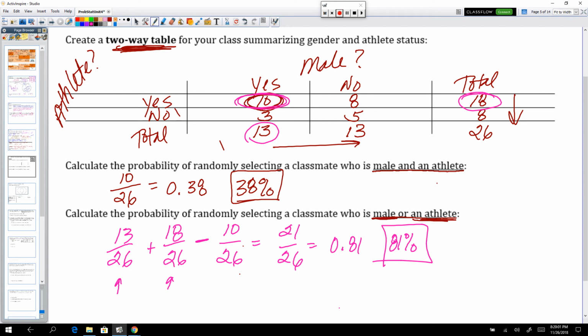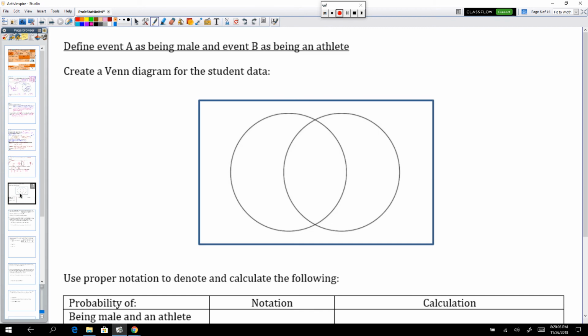Let's look at this another way, a very familiar way, something we've seen since elementary school, a Venn diagram. I want you to label event A as circle 1 and event B as circle 2. So male is circle 1, athlete is circle 2. And hopefully you remember how Venn diagrams work. The overlap area is where your people that count in both circles fall, right?